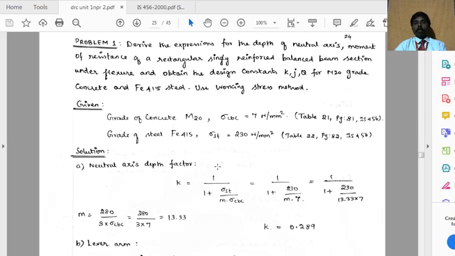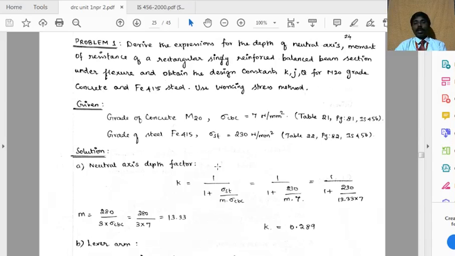From the question, we came to know that the section is a singly reinforced balanced section. We have to find out the design constants K, J and Q for M20 grade of concrete and Fe415 steel using the working stress method.